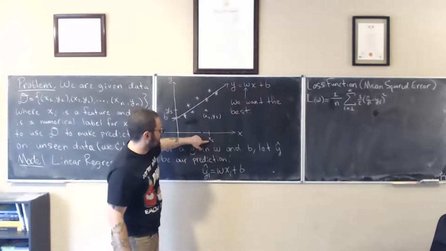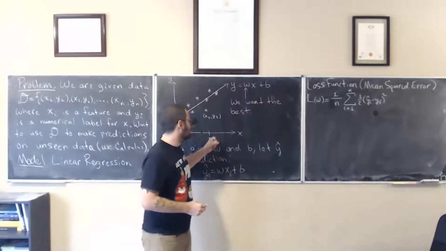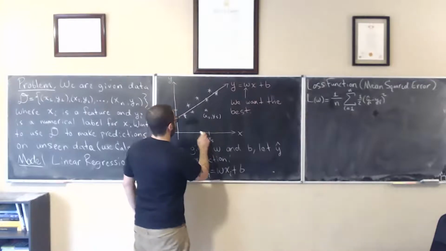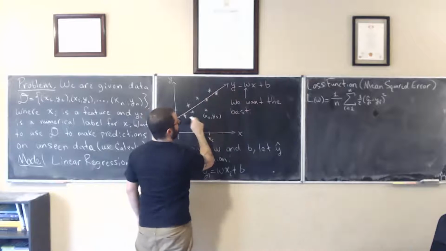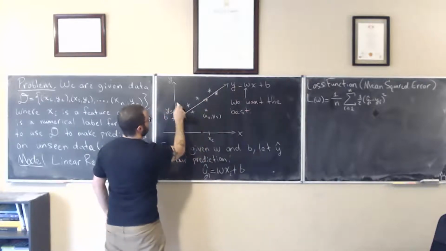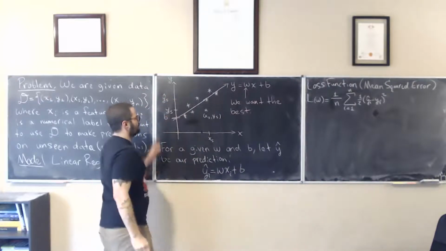For this x, last time, what was it? Age, we had that height, right? So the actual height is there, but for this red line that we drew here, this would be our prediction for that feature.